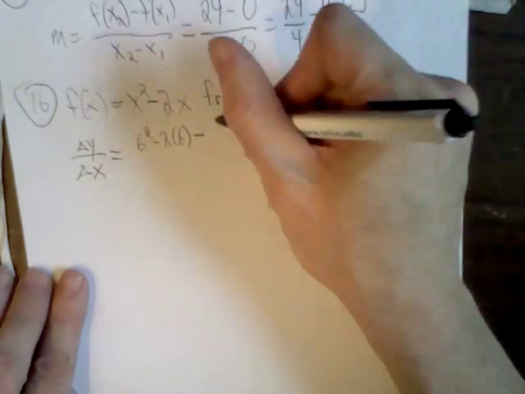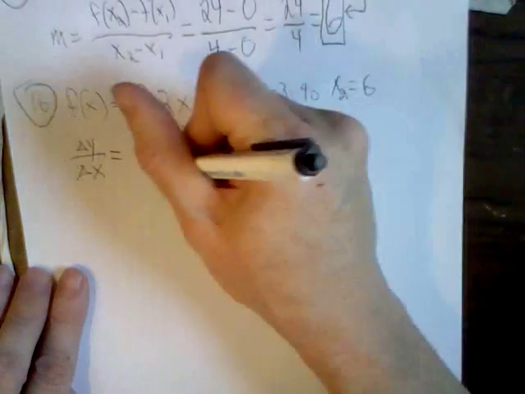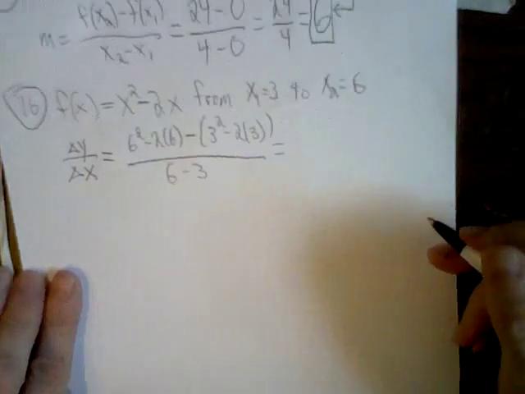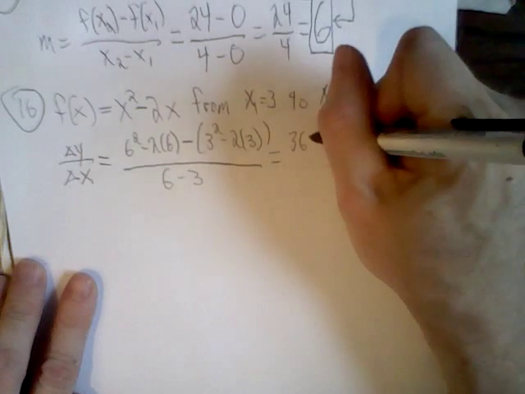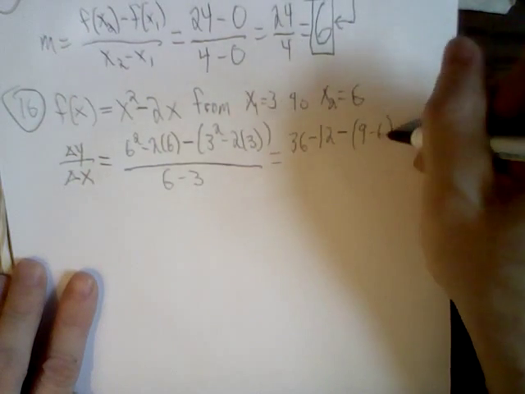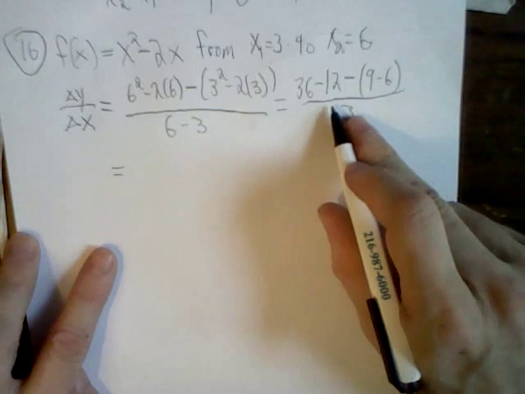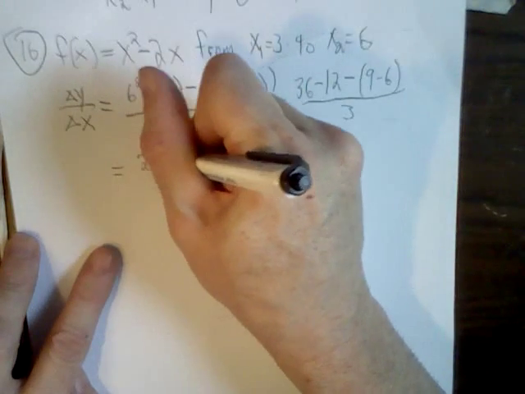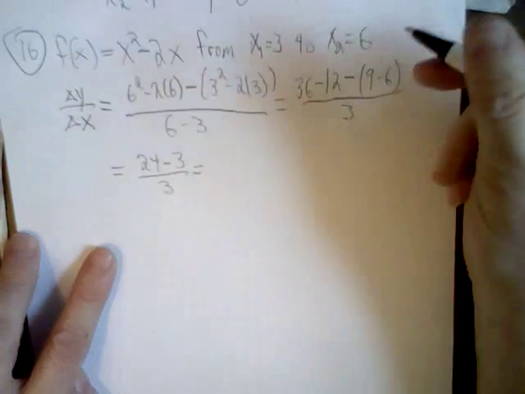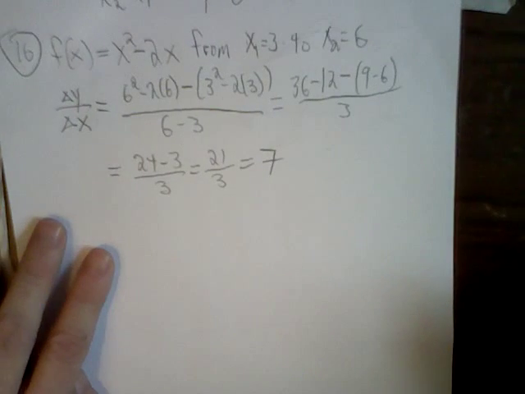Minus f of x1, so that'll be 3 squared minus 2 times 3. All over x2 minus x1, so 6 minus 3. 6 squared is 36 minus 12 minus 9 minus 6 all over 3. Keep going. 36 minus 12 is 24. Minus 9 minus 6 is 3 again. So I have 21 thirds. In other words, the slope at that point is 7.